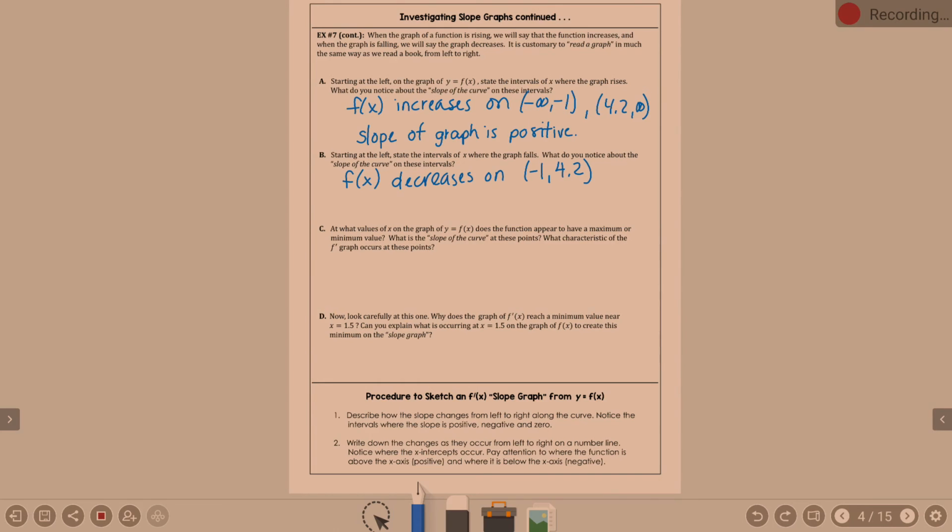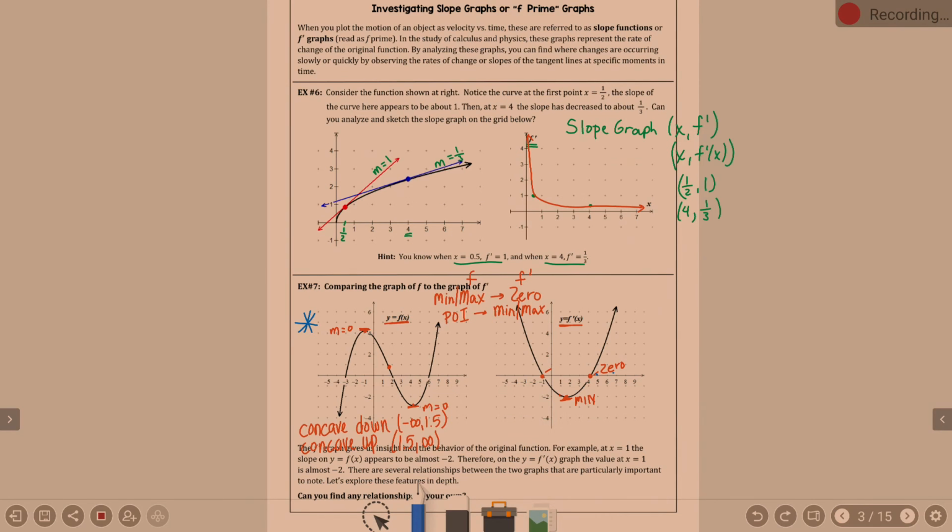And what's the slope of the graph going to be doing here? It's going to be negative. Slope of graph is negative. I didn't flip back because I felt like this one followed along. But if you go back and look, notice in between negative 1 to 4.2, where is my derivative graph? It's below the x-axis, so it is negative.